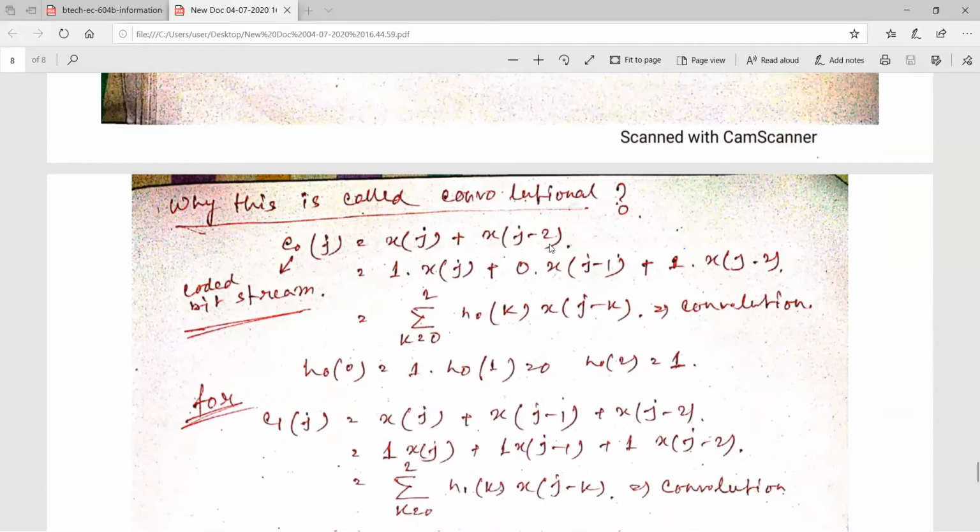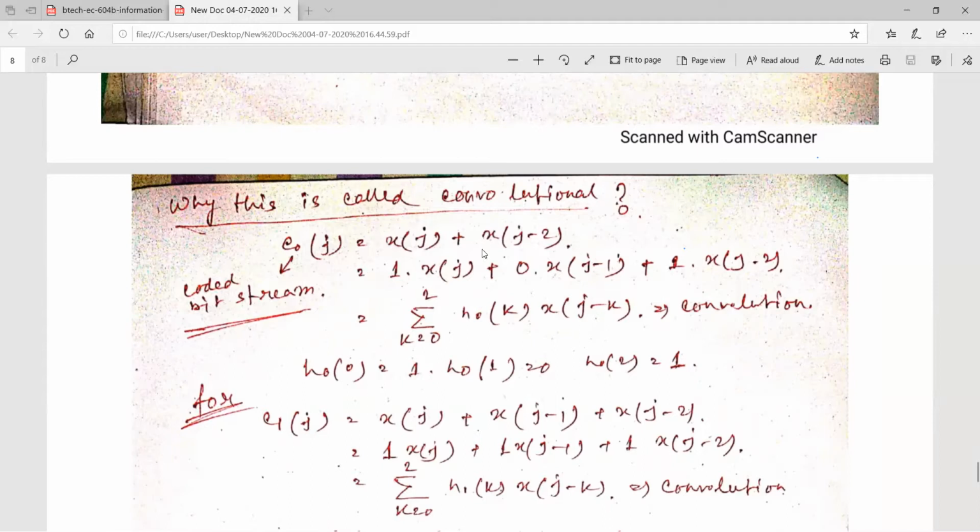This expression is basically assumed. So C0j, that means for the j instant, the code bit 0 stream equals the information bit xj at the j instant and x of j minus 2, the information bit at the j minus 2 instant.